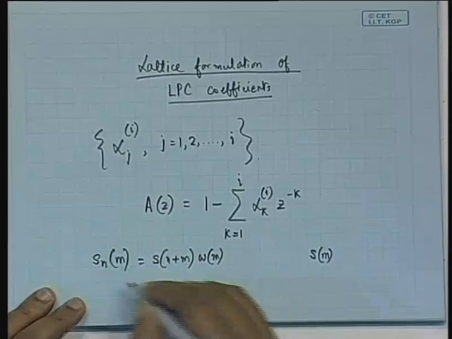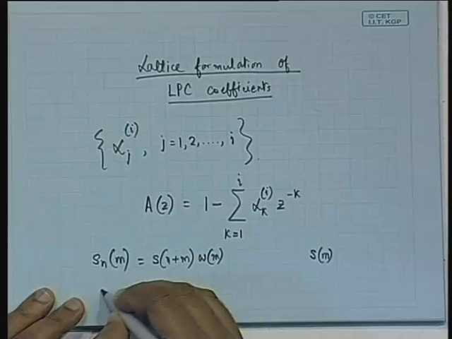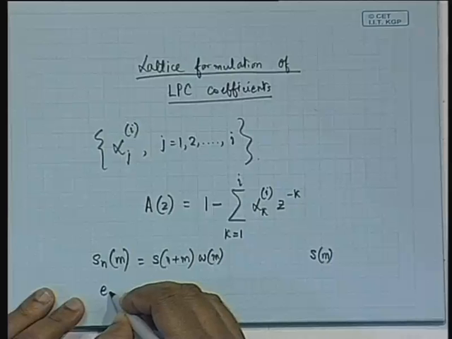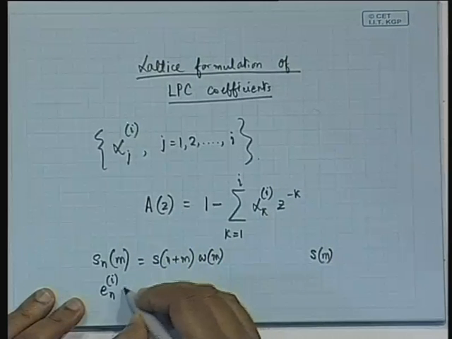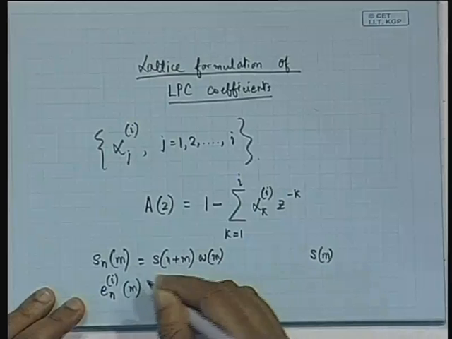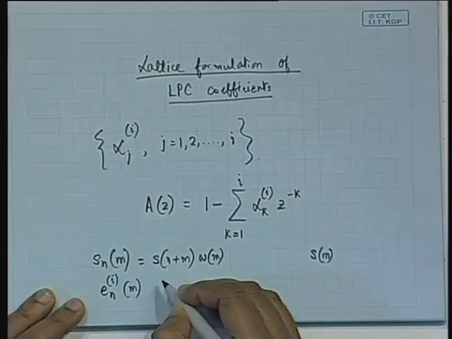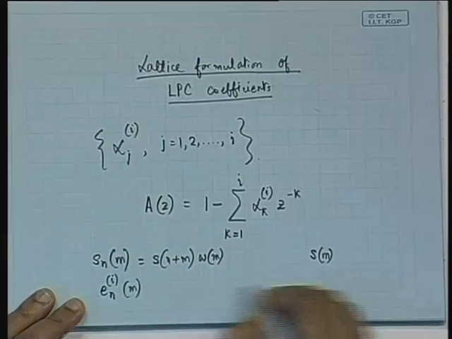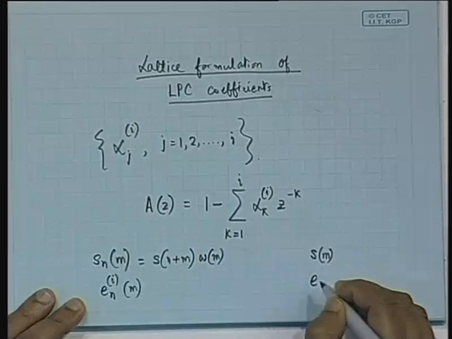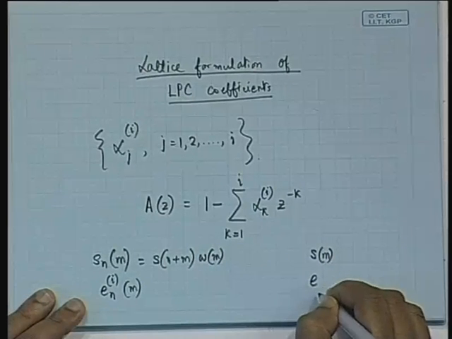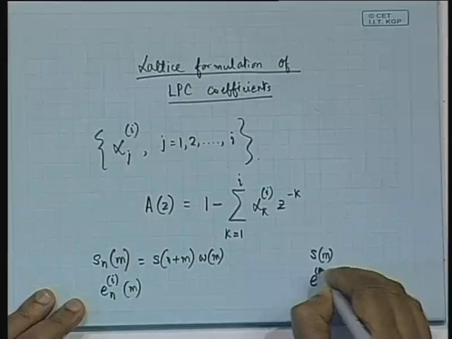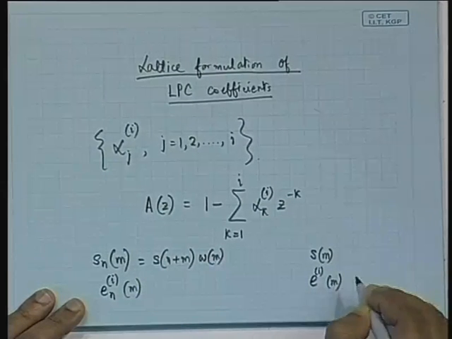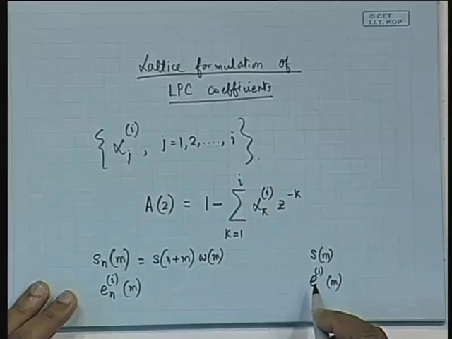In fact, the prediction error we will normally write as E n superscript i of m, and again for simplicity we will drop the subscript n and simply write it as E i of m, which will be the ith prediction error.